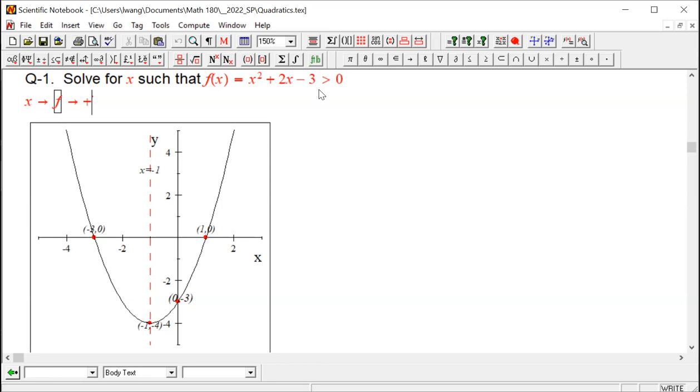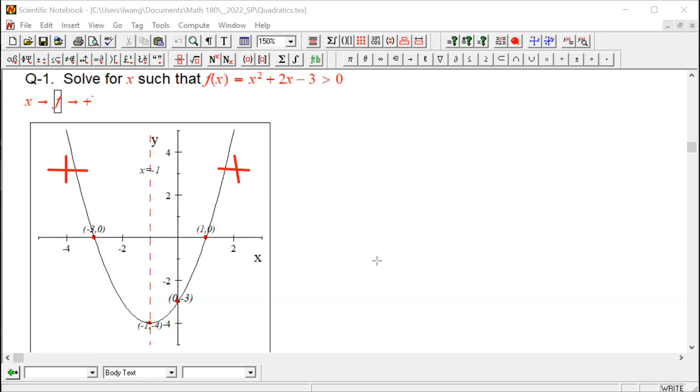And what are the solutions? We actually just talked about it. Which piece of the curve tells us the output are positive? Well, these two pieces. How about these two dots? Well, at the two dots, the output is 0. Well, we don't want 0.